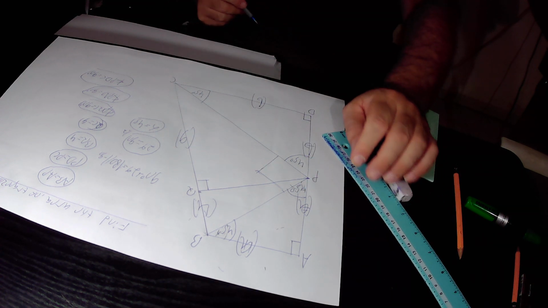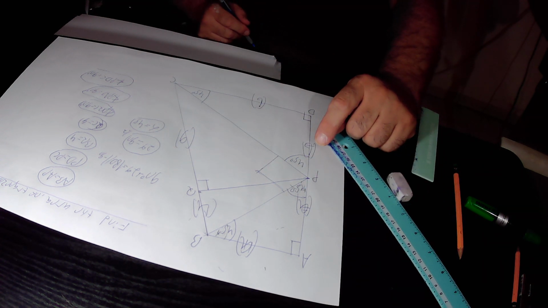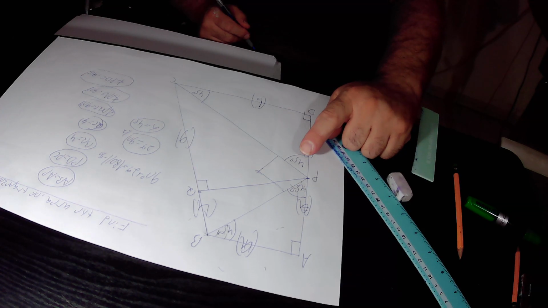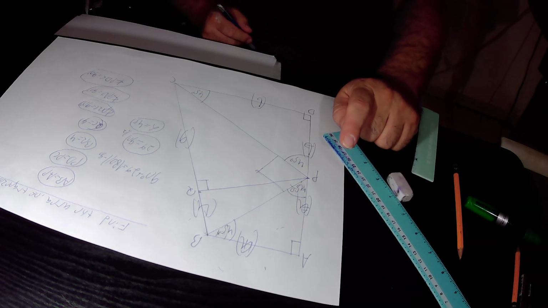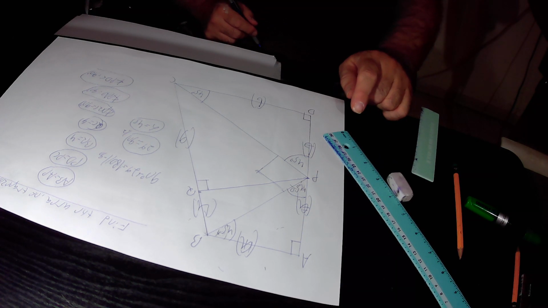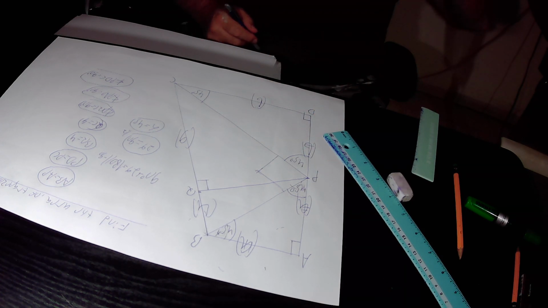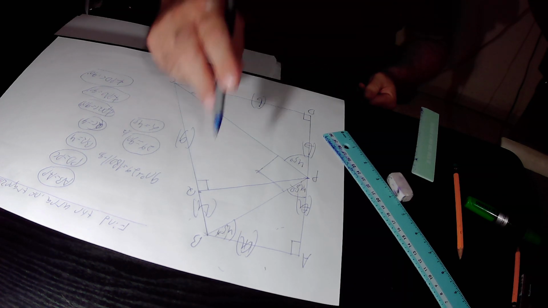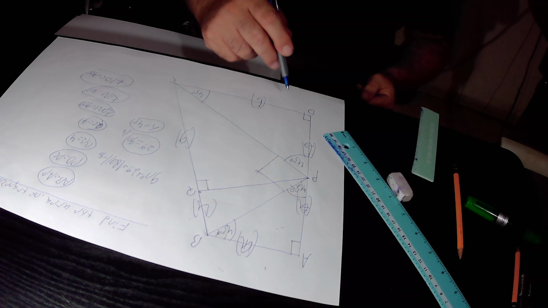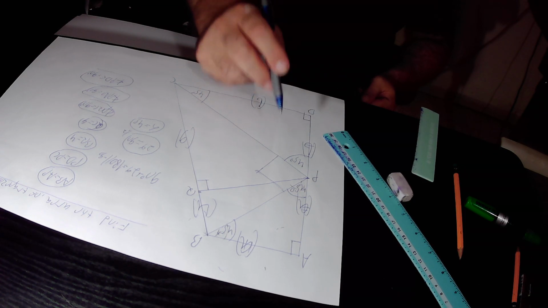Why? Because 45 degrees plus 45 degrees plus 90 degrees is equal to 180 degrees. That is the sum of the angles on the right side of the straight line AD at point P according to rule 3. So the big angle BPC is equal to 90 degrees in size.